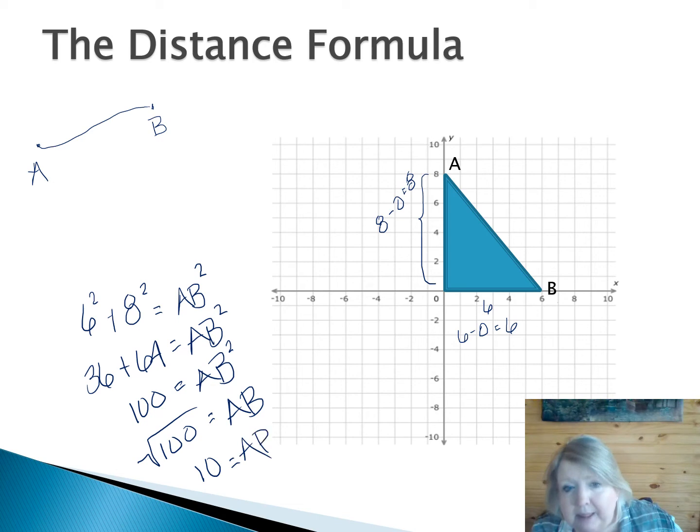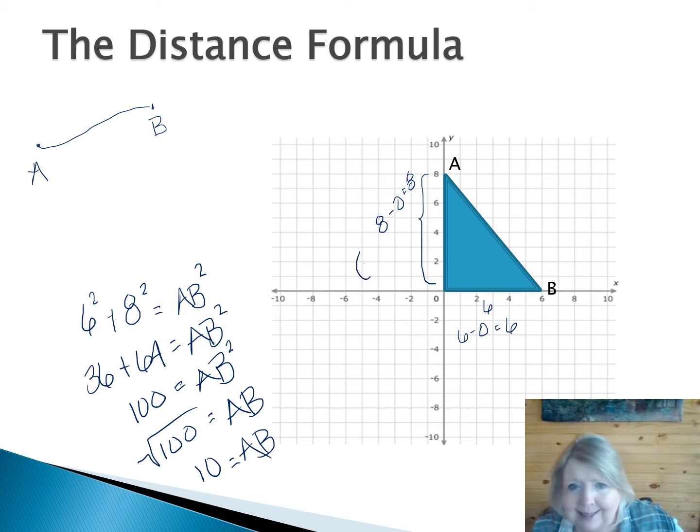Now, the problem is I don't want to have to do that every time I'm looking for a distance. So after doing it a whole bunch of times, I start figuring out, you know what, I'm doing the same thing every time. I can't always put it here. Sometimes I'm given points that are everywhere else, but take a look at what I'm doing.